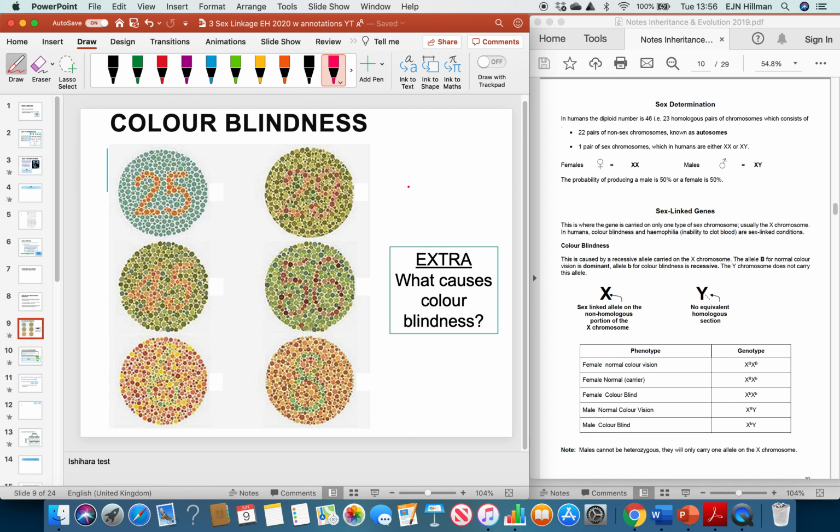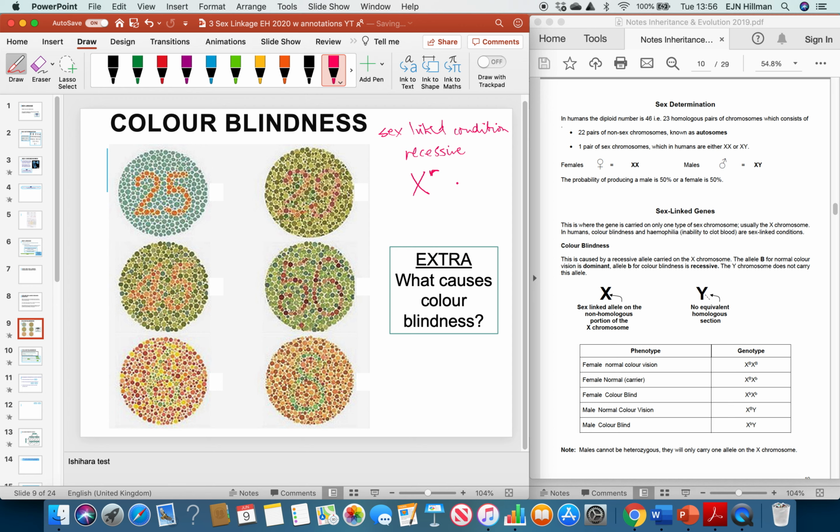The first of which is colour blindness. Colour blindness is an example of a sex-linked condition. The allele that causes colour blindness is recessive, and it is present on the X chromosome. So I use the symbol R there.